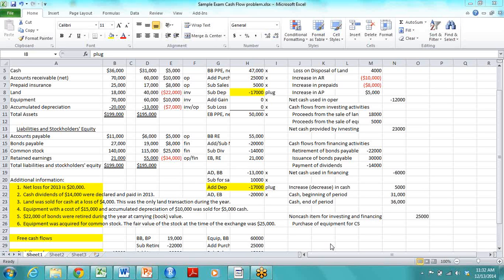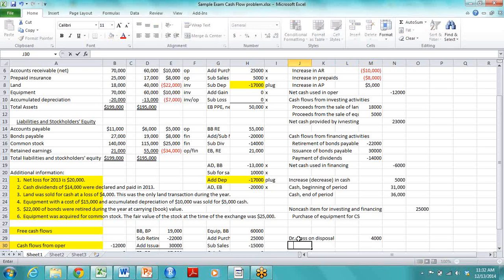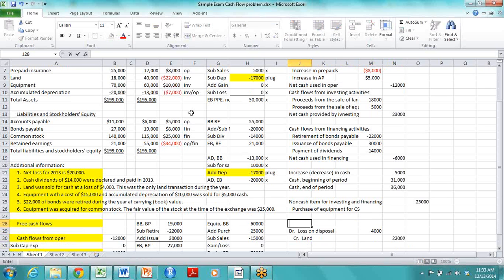Because when I sell the land, if I know that I'm going to have a loss on disposal of 4, and my land is coming off the balance sheet, and I know it's coming off because I can see that it's being reduced, the cost of my land has to be the amount that it's reduced by, or $22,000. So I must have got cash of $18,000 for the land.